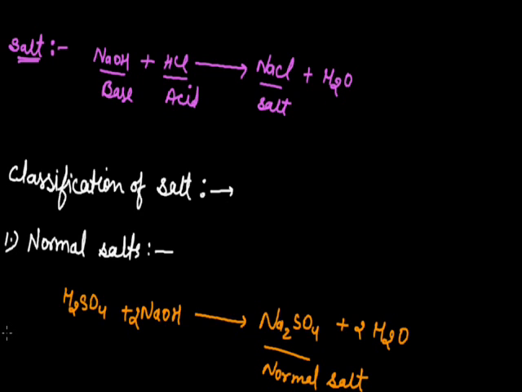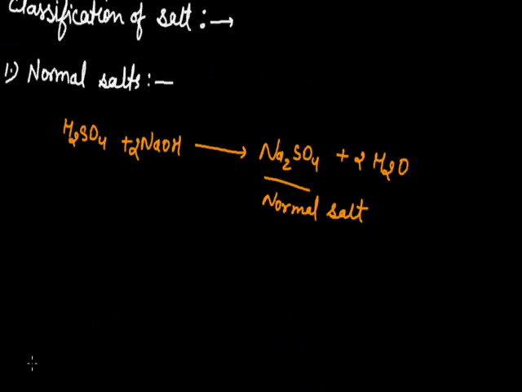So for the formation of normal salt, the condition is that acid and base both are present in sufficient amount. If they are present in insufficient amount, then it's not possible to form normal salts.